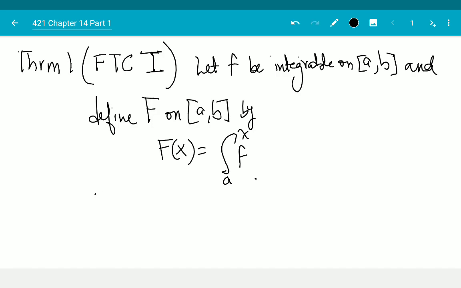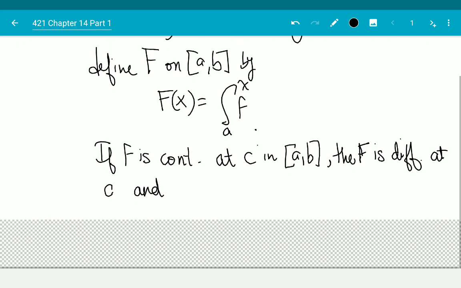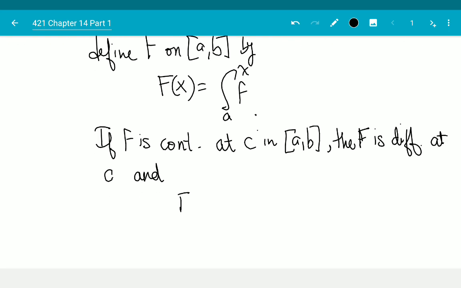Then what we have is that if f is continuous at c in [a, b], then F is differentiable at c, and F prime of c is equal to small f of c.